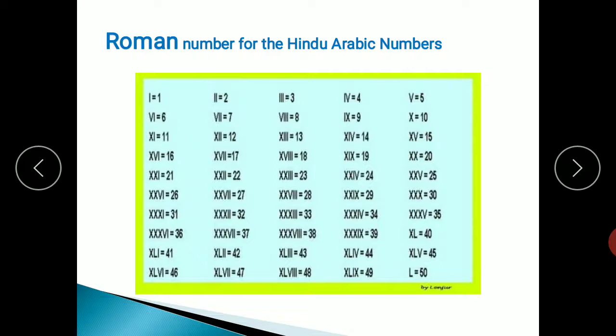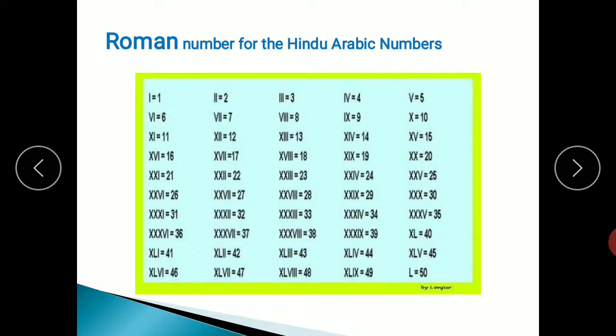For example, I means 1. This I symbol we can repeat only 3 times: 1 time I, 2 times I, 3 times I. So we can't repeat it as 4 times I. There is no rule for this.